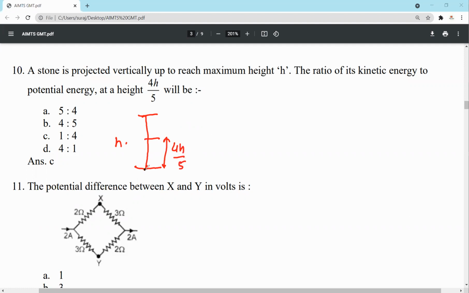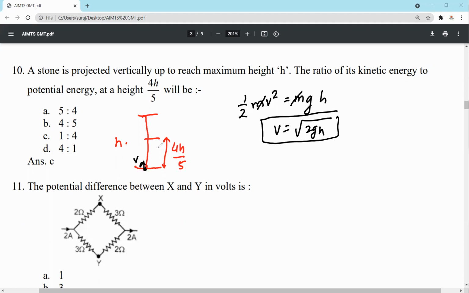I need to find velocity first. So I can write half m v square is equal to mgh. m gets cancelled, v is equal to root over 2gh. So the stone is thrown with this velocity.